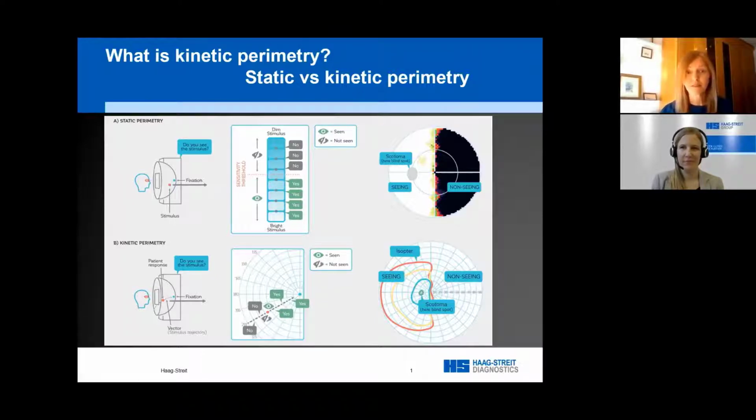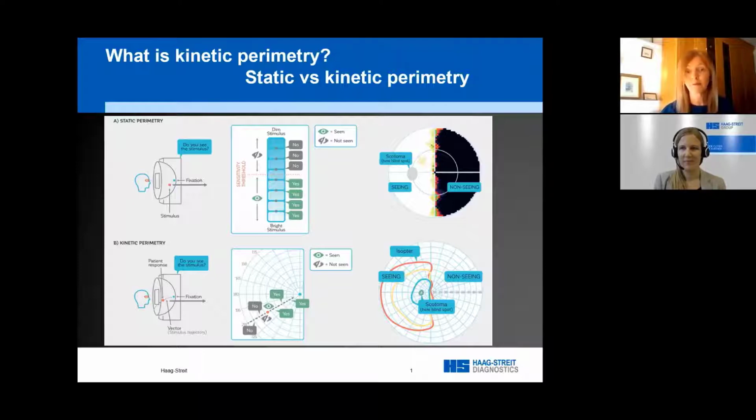Static perimetry means that the measurement of the visual field is done in a static way, so the targets are shone on and off, and the patient responds if they've seen that brief flash of light. Kinetic perimetry builds up a series of visual field boundaries, based on the patient responses to small and large sized targets and using different brightness levels for those targets.